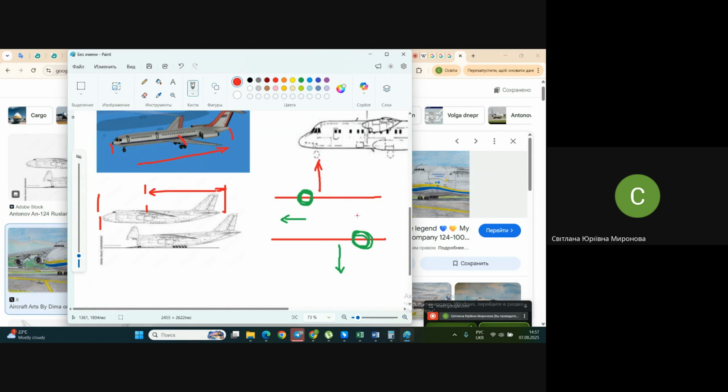And in this case, lift should also be somewhere here, after the center of gravity, as we remember.